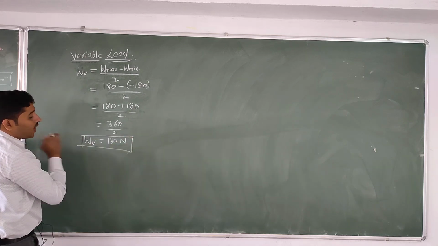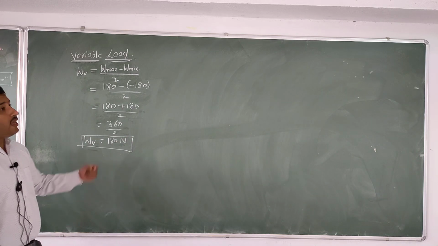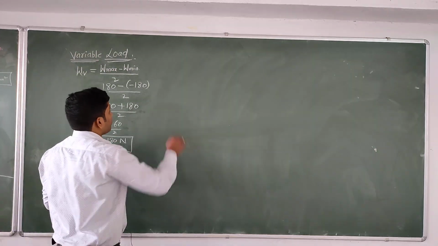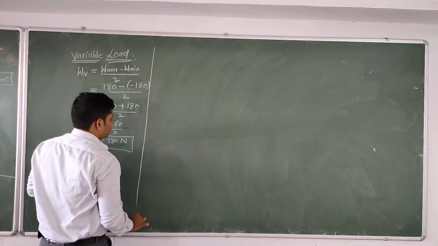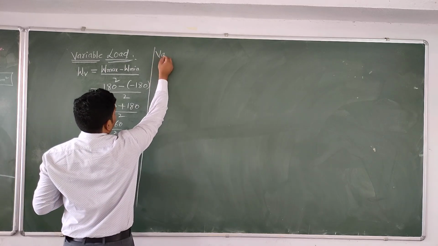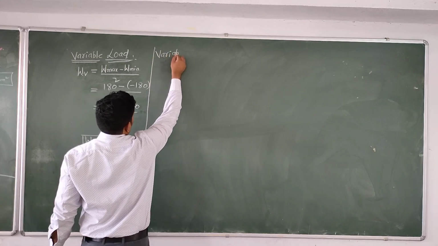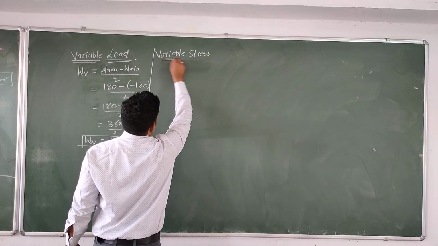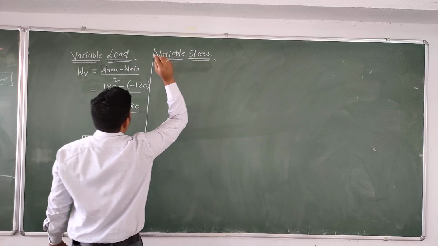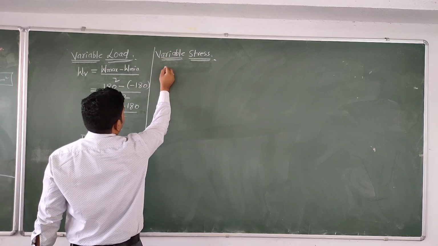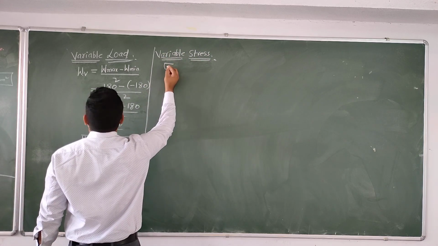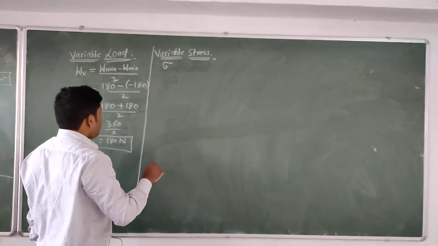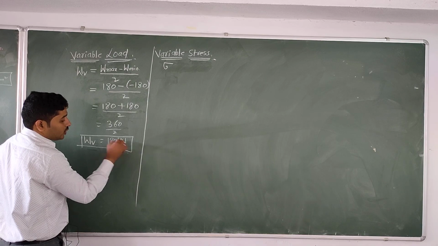Again what we need to find out? We need to find out the variable stress. Okay dear. Then if you want to find out the variable stress, the formula is sigma V. So here the unit is kilonewton. Is it right?